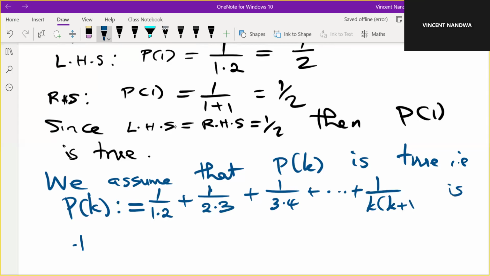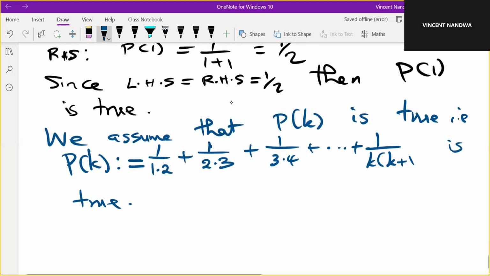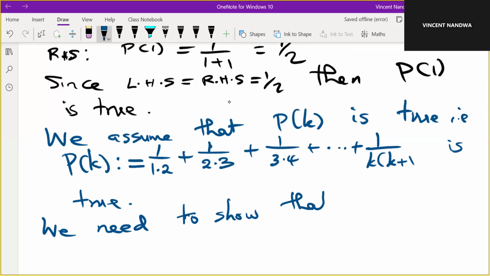Yeah, so that's what we assume. Good. So once we have assumed P of k is true, what should we show now? Yes, we need to show that P of k plus 1 is true, okay?